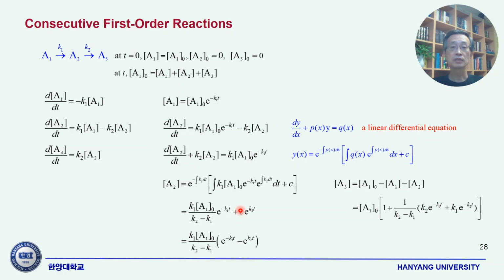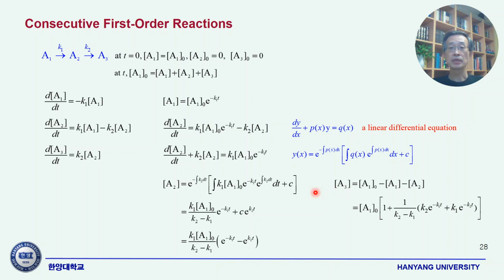We have e to the plus k2t here but e to the minus k2t outside, so that cancels. The initial condition tells you a2 is 0 at t equals 0, so c is just this one, with a minus sign. Minus of this is the c.